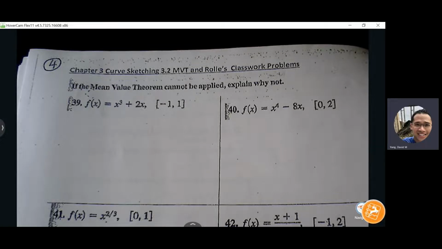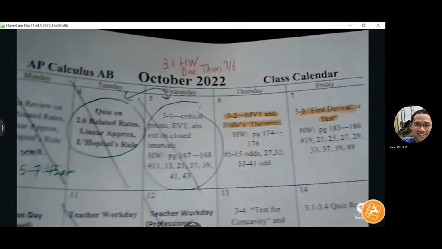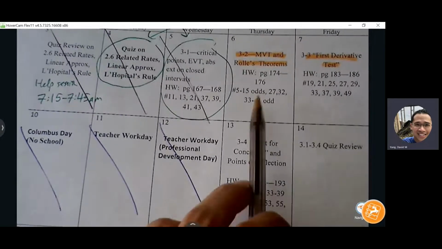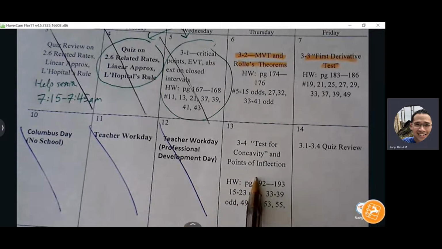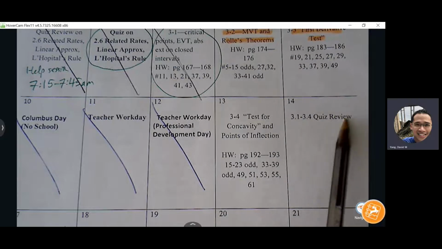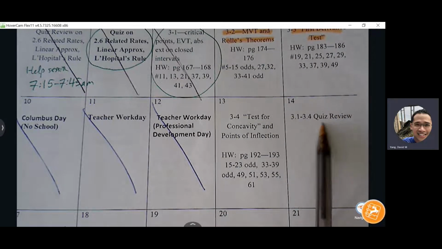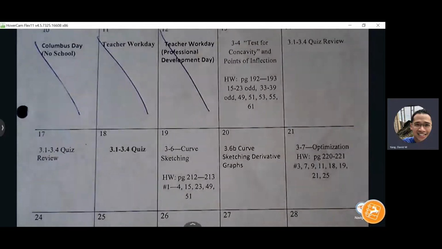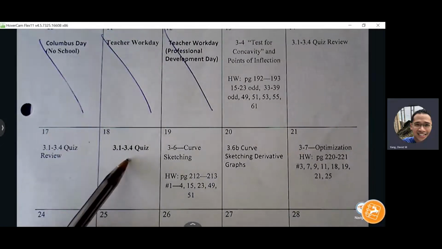So if you guys turn to page 4, I want us to go through a set of review here, just to give you some idea what's coming up. So we'll do 3.2, 3.3 review, followed by 3.4. If we don't finish 3.4 today, we can finish that tomorrow. But tomorrow, I'll give you guys a quiz review packet, which we can work on Friday, and then also on Monday, and then the quiz will be Tuesday.